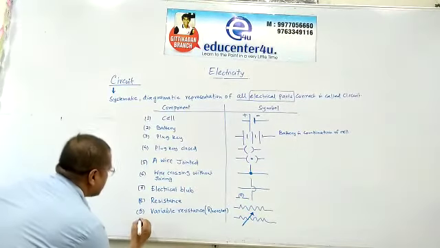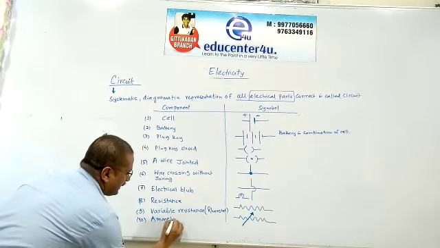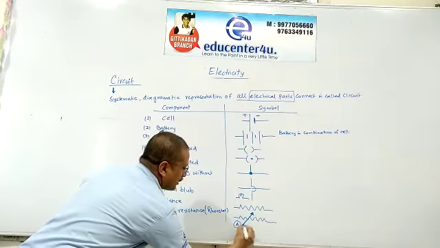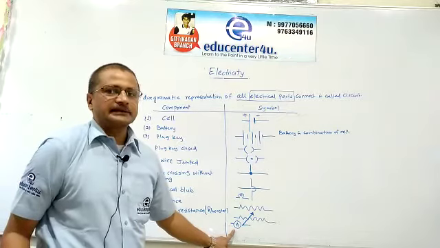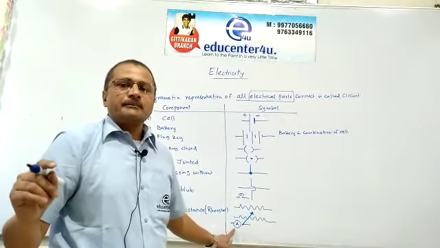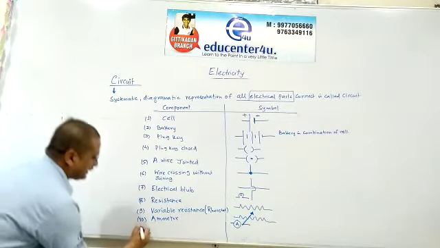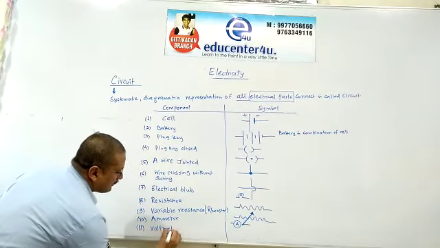So 10th point is ammeter, that we have already learned, the instrument used for measuring the current. So ammeter is depicted like this only. You have to make a circle, and inside the circle you will make capital A. Capital A will show ammeter, whereas voltmeter you have already learned.